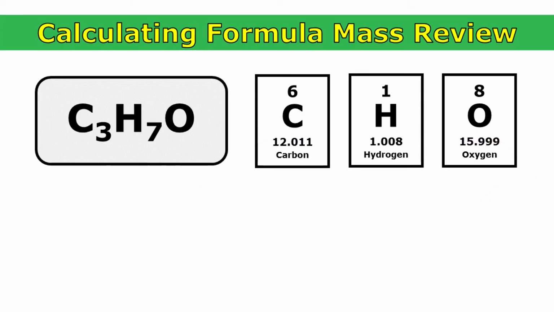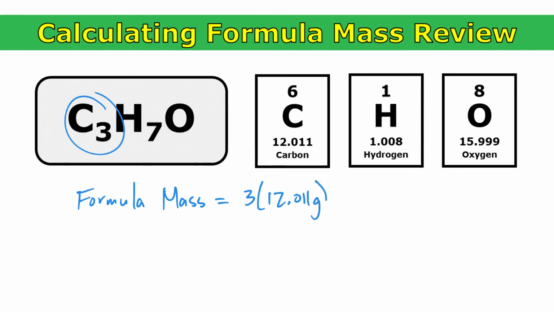All right, so just one more formula mass review problem here so that you can see how we do this. I'm going to have 3 carbons, so I'll need 3 times the mass of carbon.